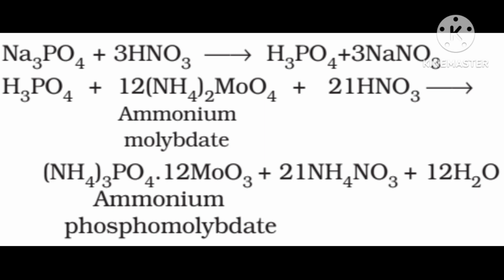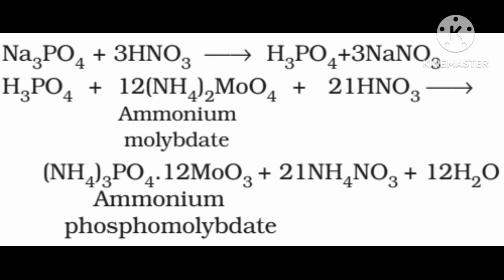Ammonium molybdate formula is (NH4)2MoO4. Then H3PO4 plus 12 moles of ammonium molybdate plus 21 moles of nitric acid.